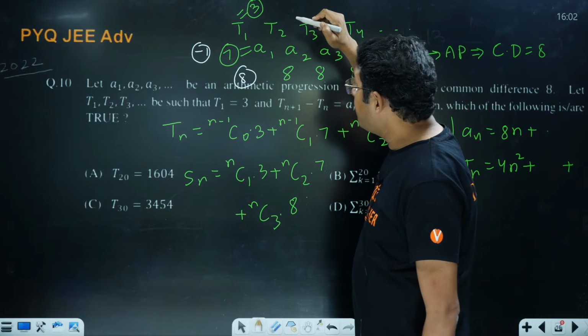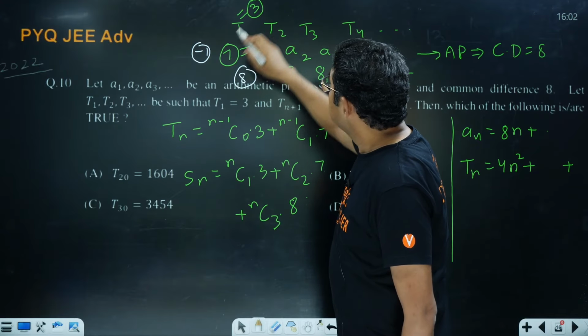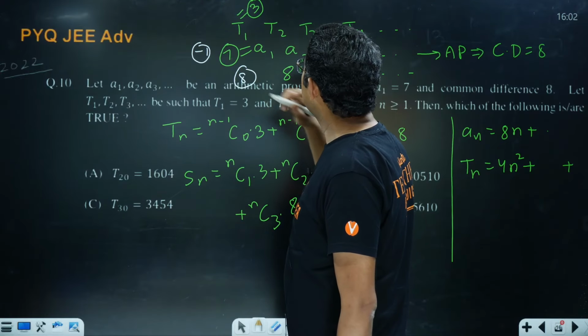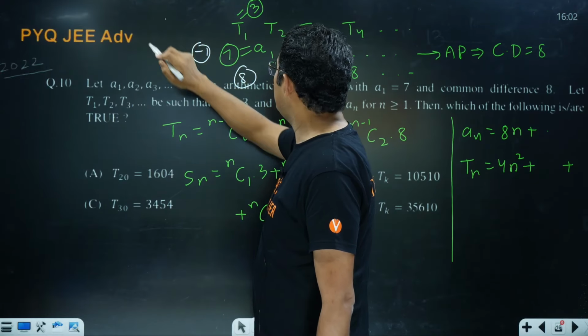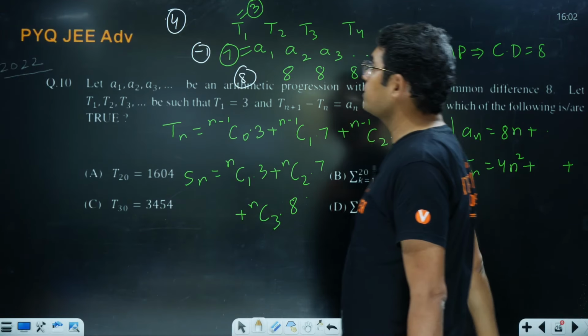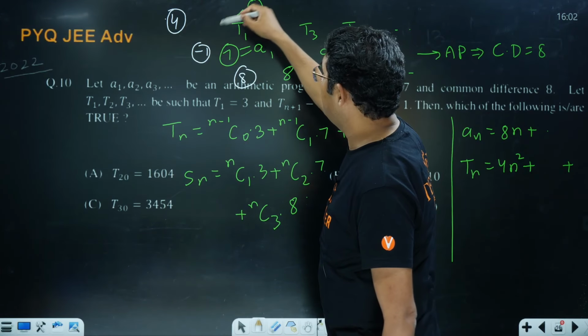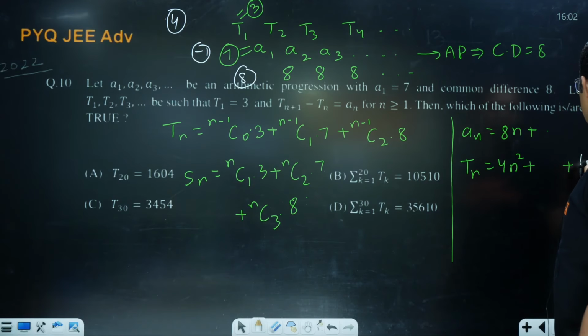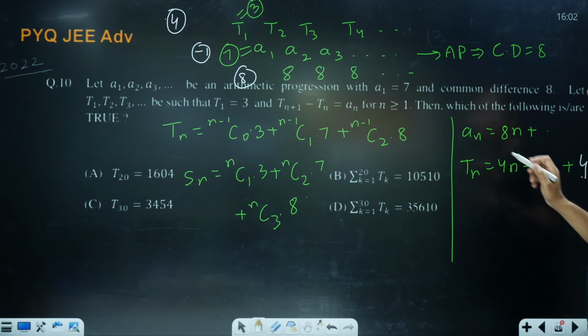Now if this is 3, and A1 was this, what should be T0? T0 here, so that I get -1 here. I think it is 4. Yeah, I think it's 4. Okay, so that 3 minus 4 is -1. So here the constant term would be 4, and by looking at T1, that is 3, I think I can write directly.